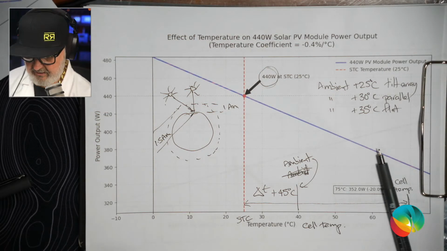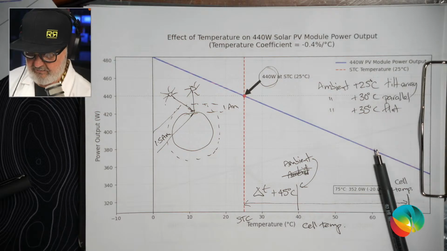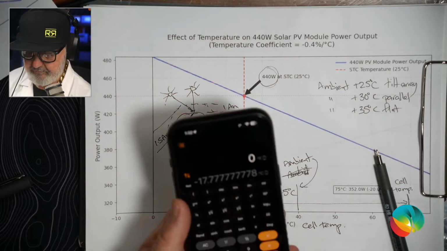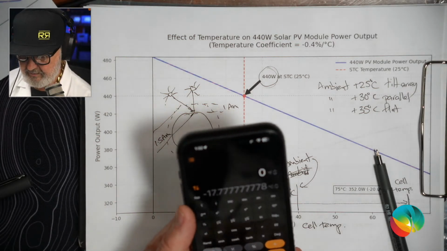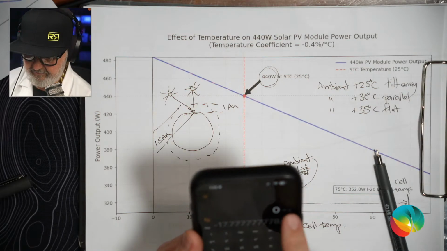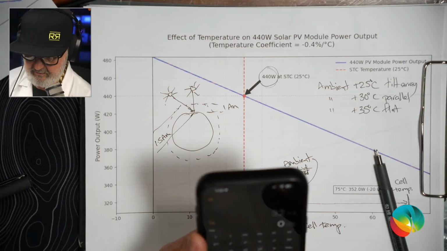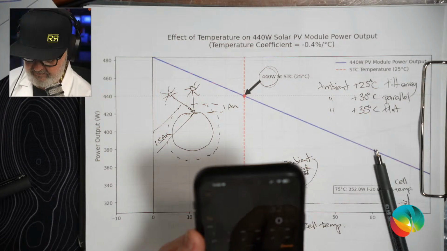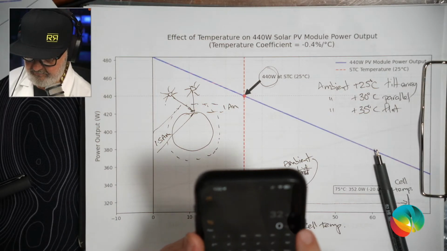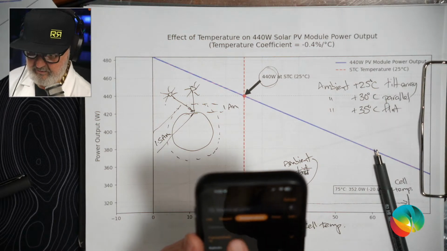So we crank out the big calculator. See if I can get my calculator up. Okay. And I can't, what am I doing here? I've got temperatures for some reason.